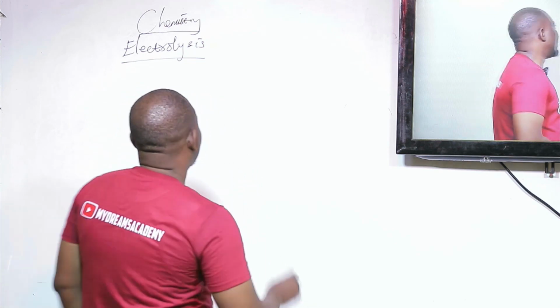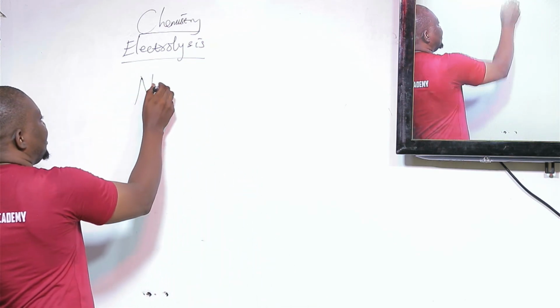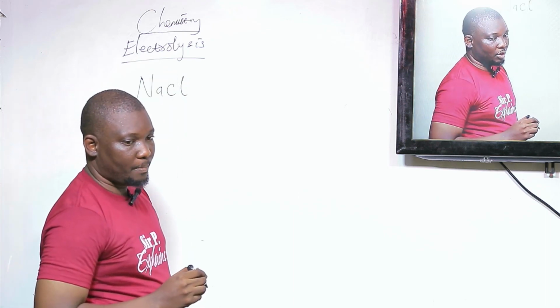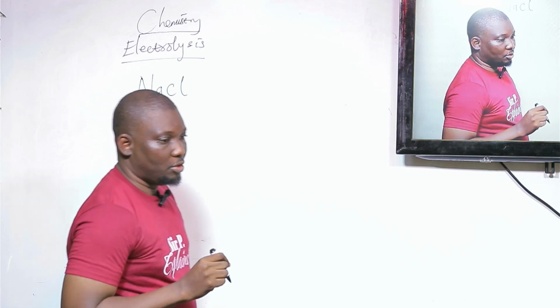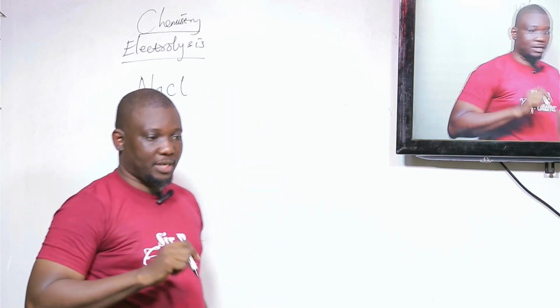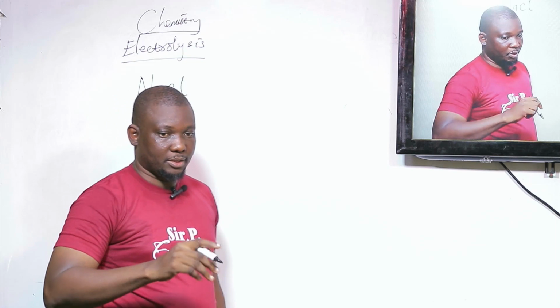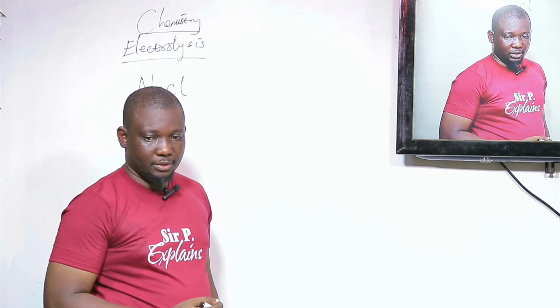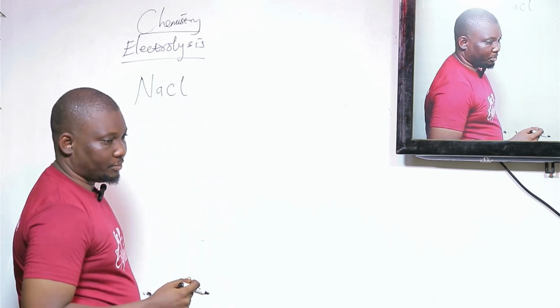Now, I want to give two cases here. This is an ionic compound. What you must know, maybe I'll still emphasize that when we'll be looking at terms used in electrolysis, I'll lay more emphasis on that. This is an ionic compound.